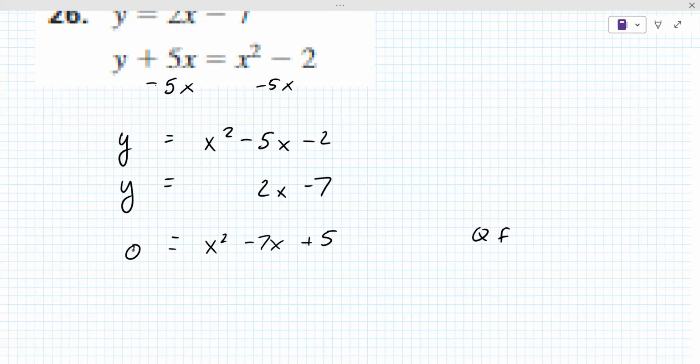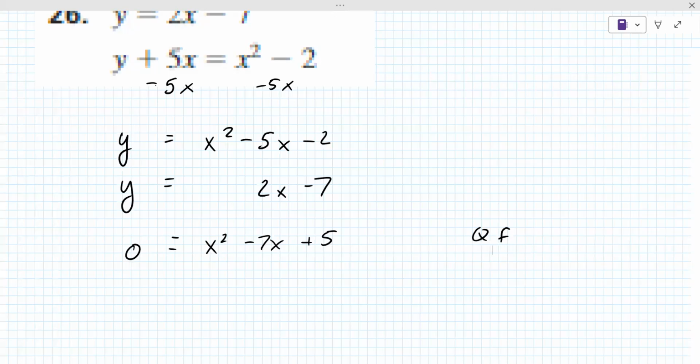Negative b plus or minus the square root of b squared minus 4ac over 2a. So then, -7 plus or minus the square root of 49 minus 4 times 1 times 5, which is 20. 29 over 2.